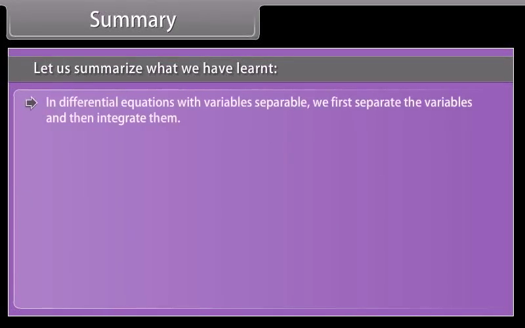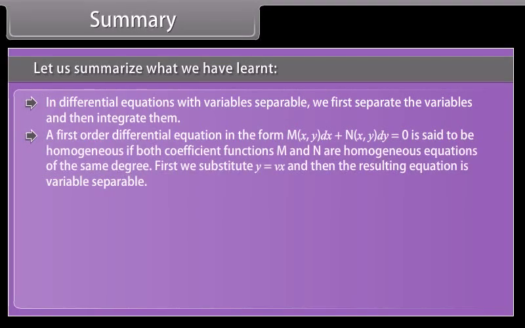In differential equations with variables separable, we first separate the variables and then integrate them. A first-order differential equation in the form M(x, y) dx + N(x, y) dy = 0 is said to be homogeneous if both coefficient functions M and N are homogeneous equations of the same degree. First, we substitute y = vx, and then the resulting equation is variable separable.